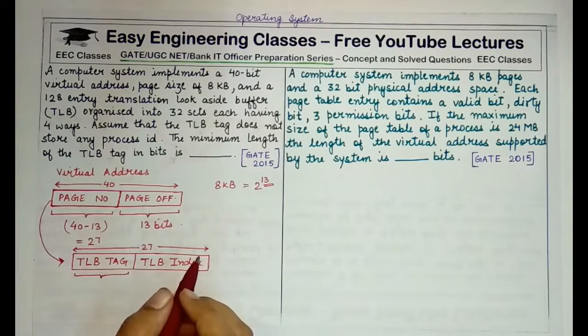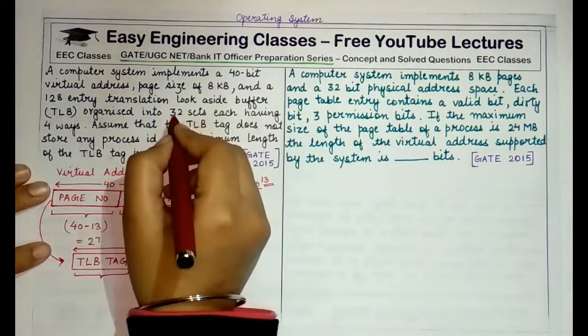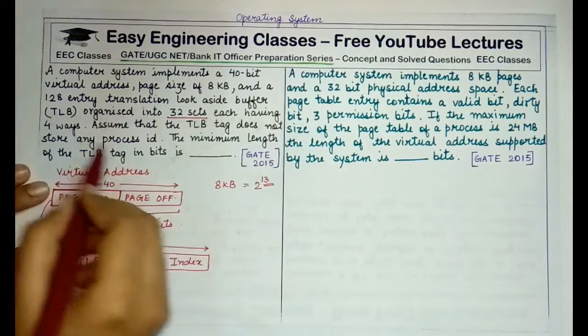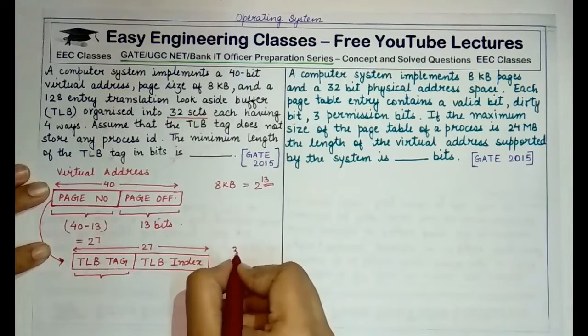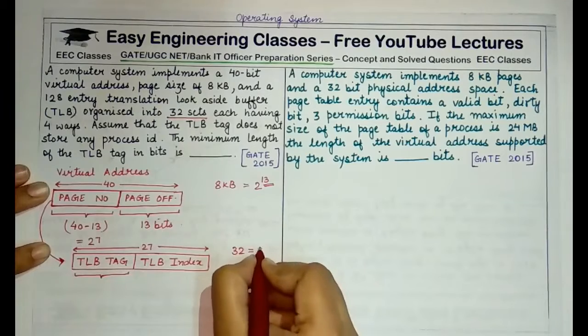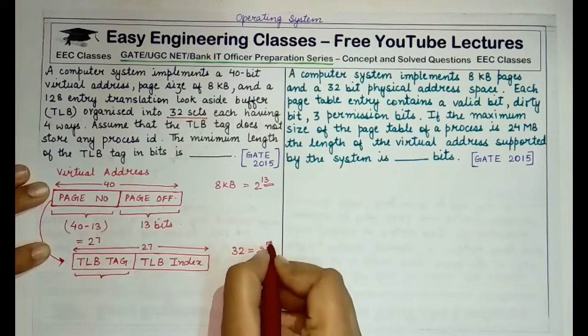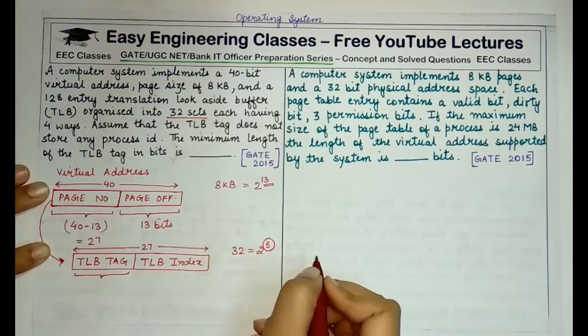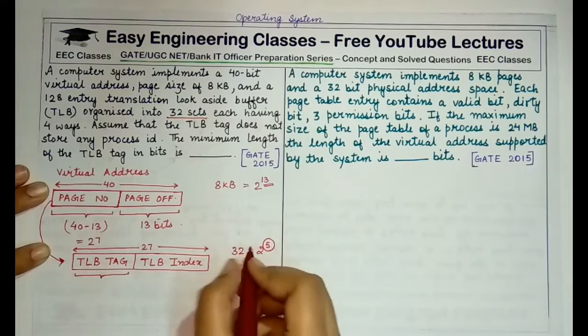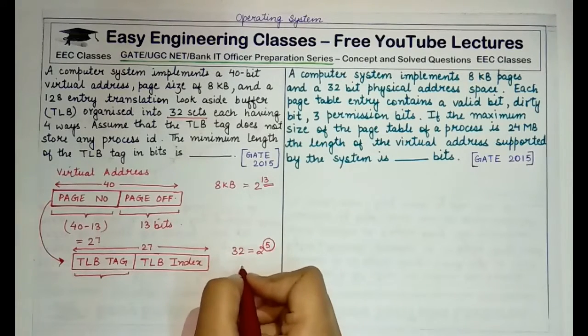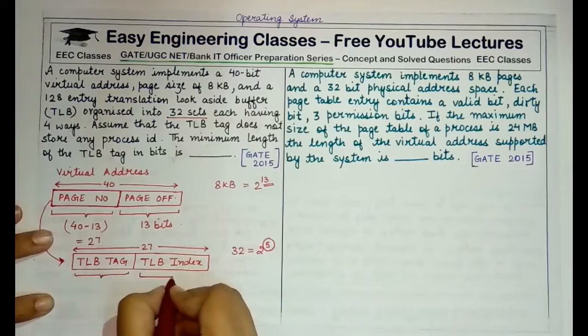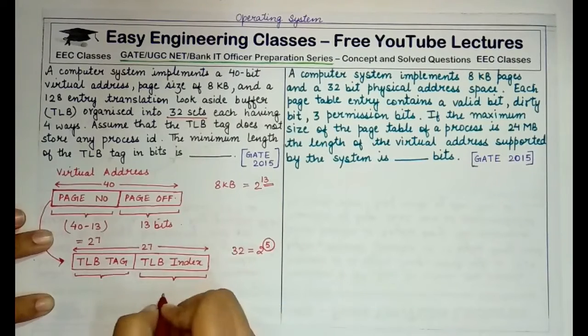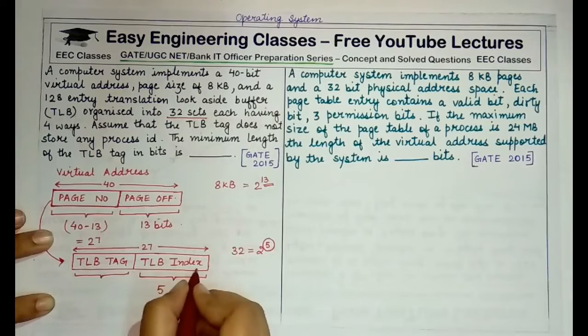Since it is given that there are 32 sets each having 4 ways, 32 can be represented as 2 raised to power 5. That means using 5 bits I can represent a total of 32 different sets. Therefore 5 bits are used to represent the TLB index field.